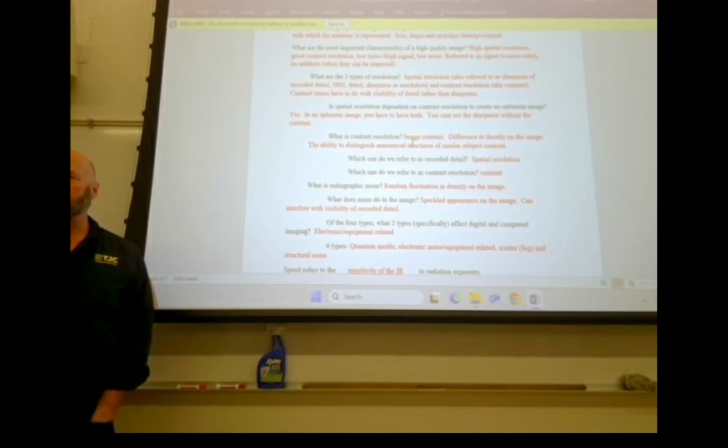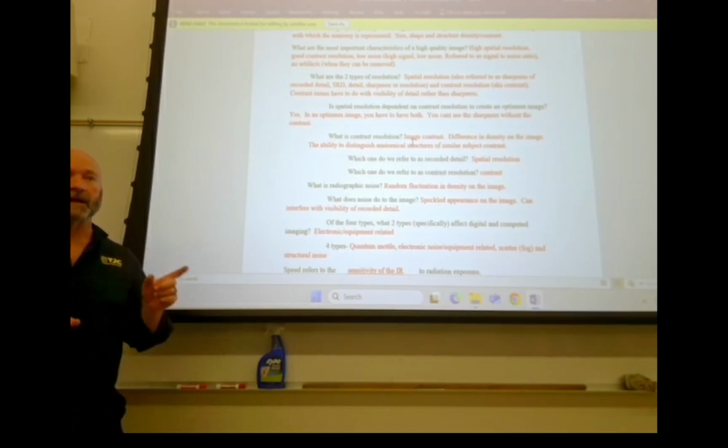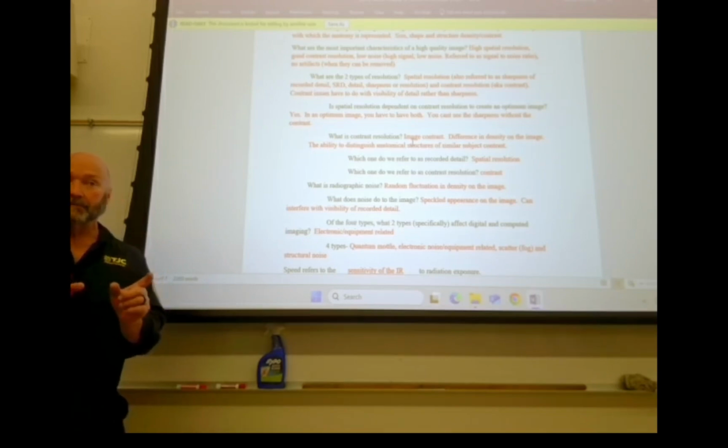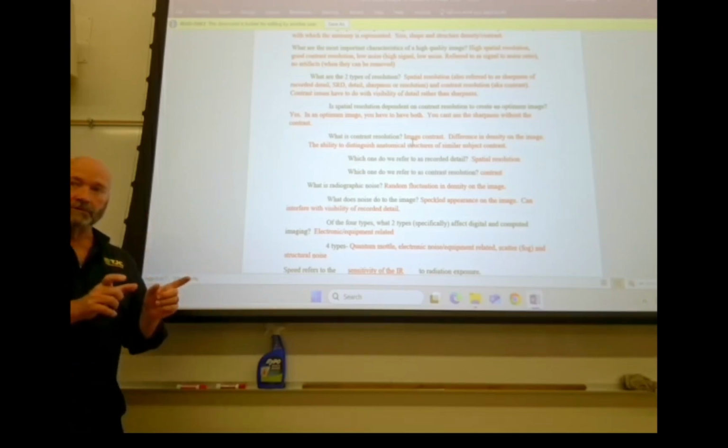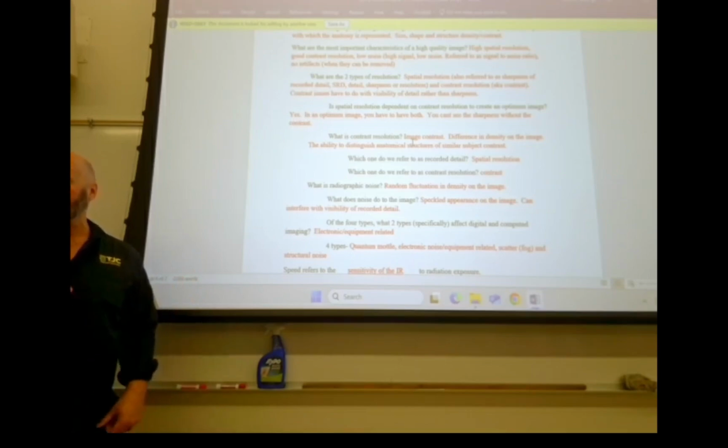The questions on contrast resolution, if it says resolution and it's talking about contrast, it's always going to have that qualifier. With spatial resolution, it might not, but if you see resolution and it doesn't say contrast in front of it, you've got to be thinking spatial resolution, sharpness of recorded detail. So contrast resolution is either going to say contrast resolution or just contrast, okay?